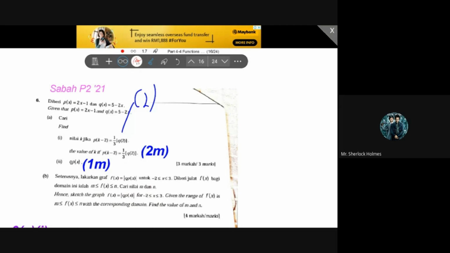So how we do composite function? Okay, so anyone want to try first? I want to see. Ini basic untuk composite function. This is the basic. Can anyone give the answer? If QPX, what's the answer for this composite function?